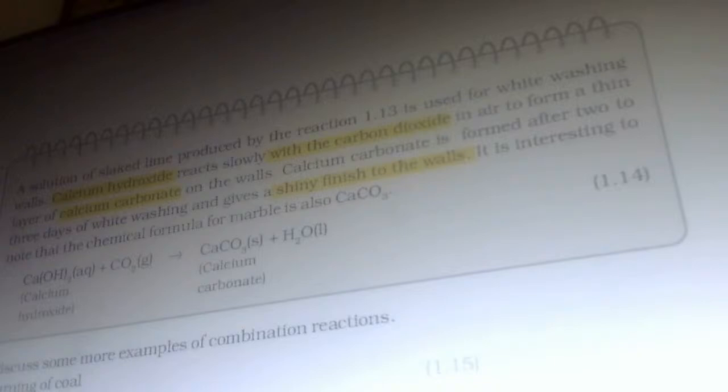Marble's chemical formula is also CaCO3. Marble is CaCO3. And then we have the burning of coal, which is a combination reaction.